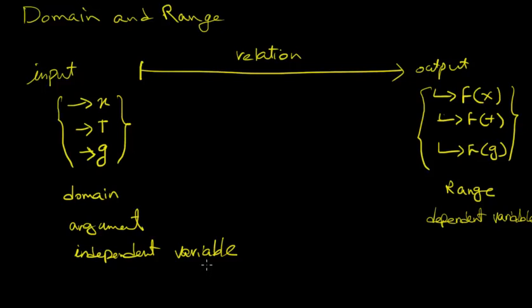So the value of x is first to be determined, and the value of y depends on the value of x. So now we know domain means all possible values that x can get, and range means all possible values that f of x or y assumes. Now let's work with this concept through some practice.